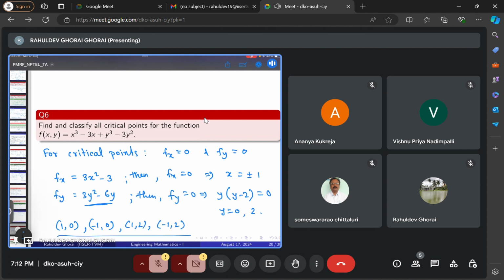So these 4 points are the set of critical points: (1, 0), (-1, 0), (1, 2), (-1, 2).